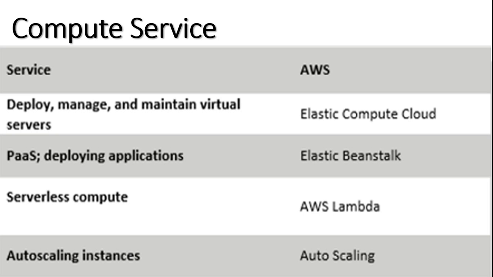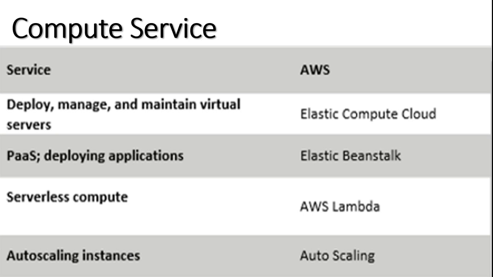So what is the difference between Elastic Beanstalk and Elastic Compute Cloud? Both are instances, but in Elastic Compute Cloud you have to manage all the underlying infrastructure. You have to deploy all the applications, whatever you want. If you have to set your own environment according to your needs, you have to manage everything.